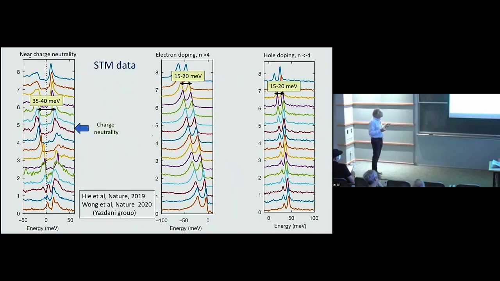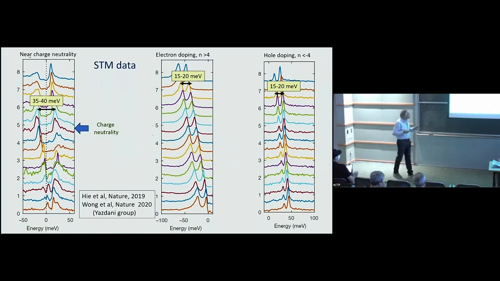If you look at what happens close to charge neutrality, before you dope by either holes or electrons, you have two peaks. It's a question, of course, how you interpret these two peaks. But if you interpret these two peaks as continuity from different angles of Van Hove points, then the distance between these two Van Hove peaks is about 35-40 meV. There is definitely some effect of interaction, increasing the width between the peaks.